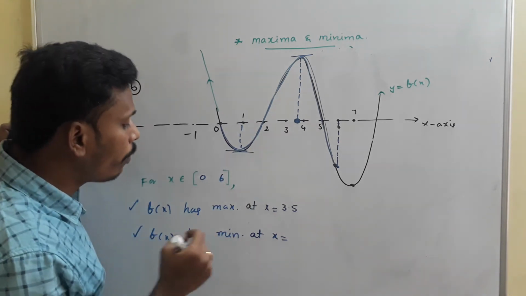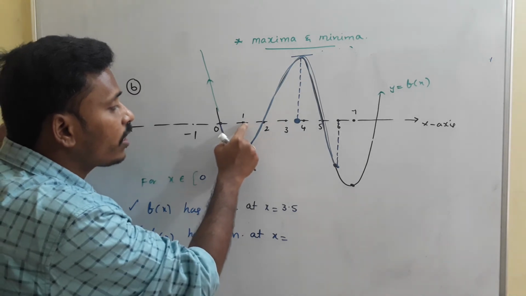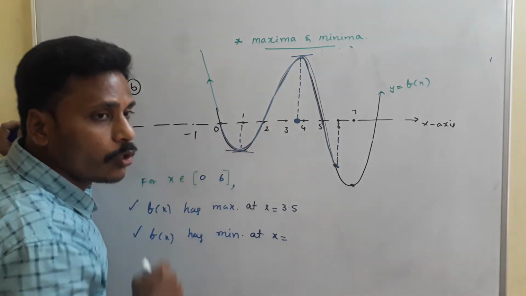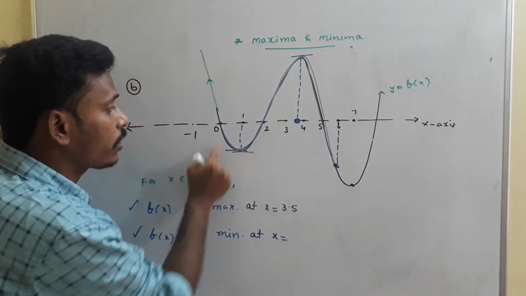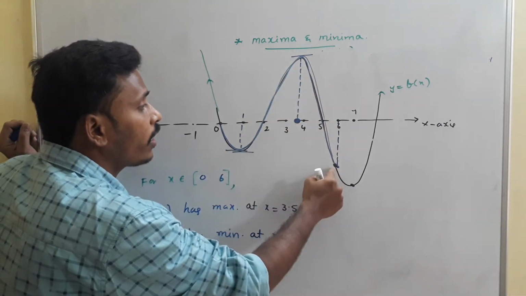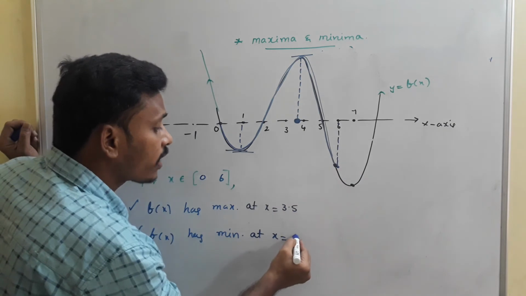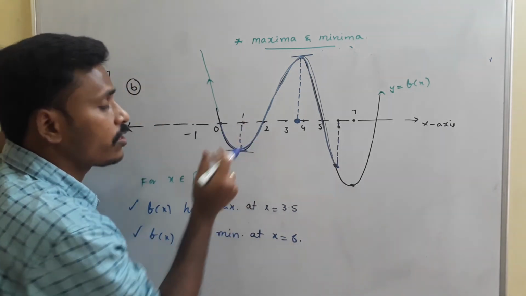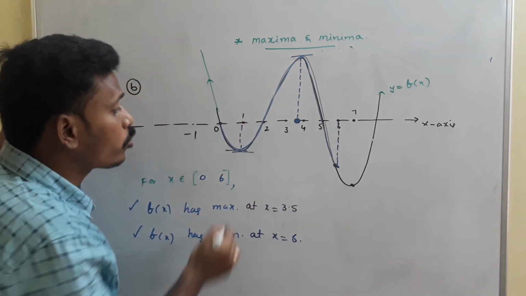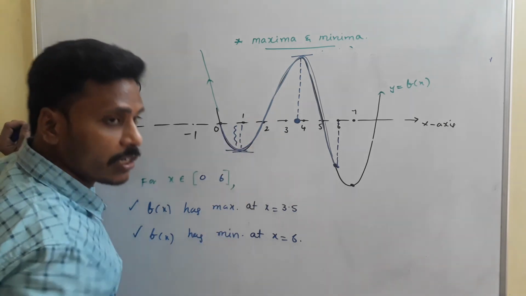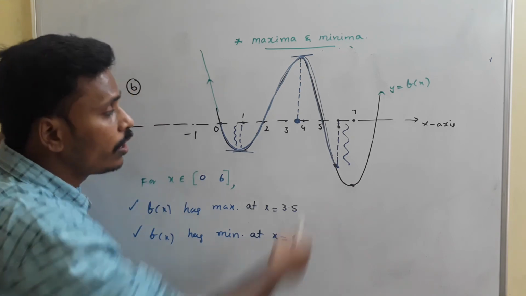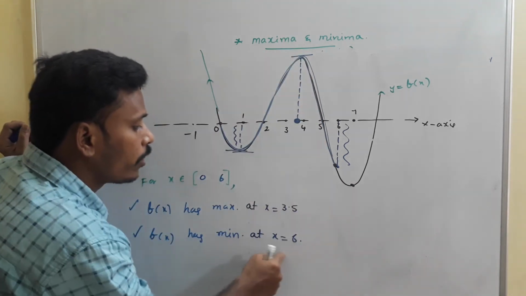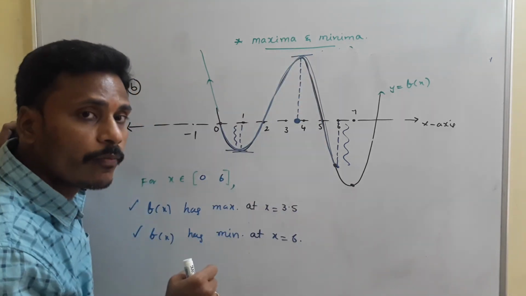Many of you made a mistake here by considering that the minimum value exists at x equals 1, but for this region of 0 to 6, the minimum value for this function exists at x equals 6, not at x equals 1. Because at x equals 1 this is the functional value, but at x equals 6 this is the functional value.